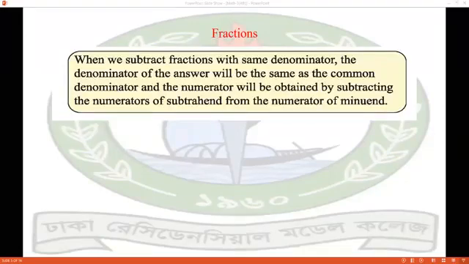The numerator will be obtained by subtracting the numerator of the subtrahend from the numerator of the minuend. When you remember this, you can simply solve fractional subtractions.